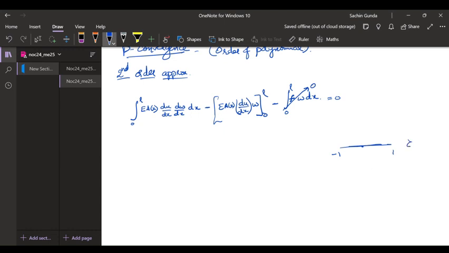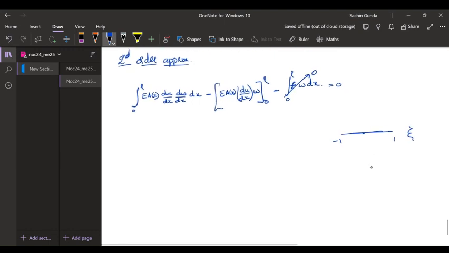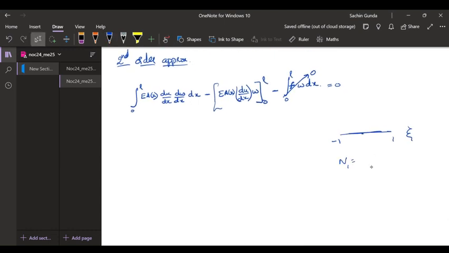If this coordinate is zeta, the first shape function will be zeta times (zeta minus 1) by 2. So at zeta equals -1 it will be 1, at zeta equals 0 it will be 0, and at zeta equals 1 it will be 0. So this is the first shape function.